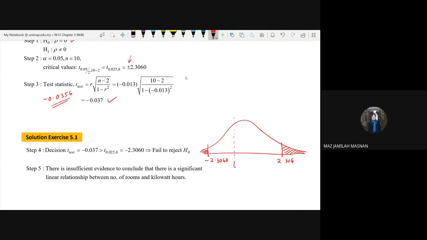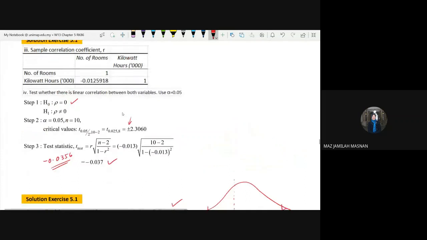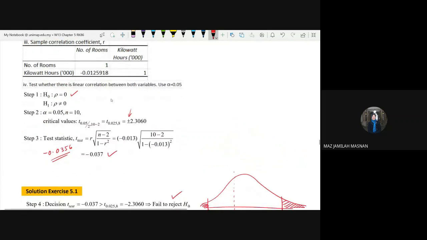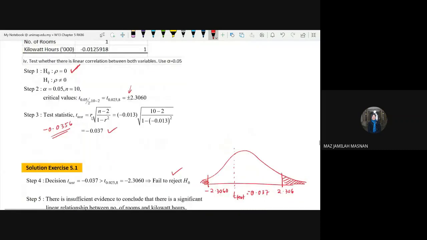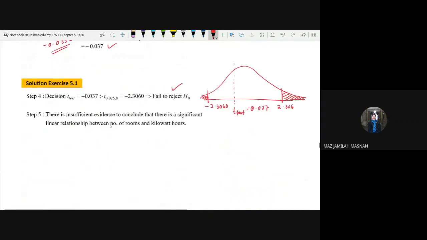So the t test is not in the rejection region, which means that we fail to reject the null hypothesis. So there is insufficient evidence to conclude that there is a significant linear relationship between number of rooms and kilowatt hour.